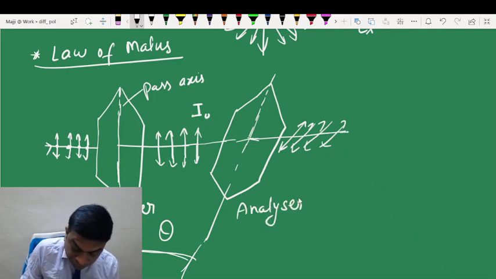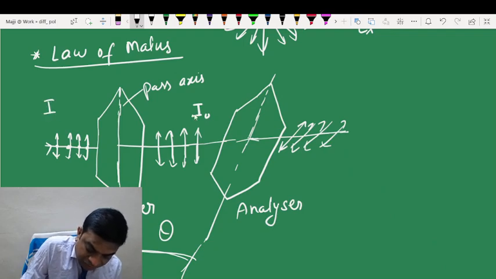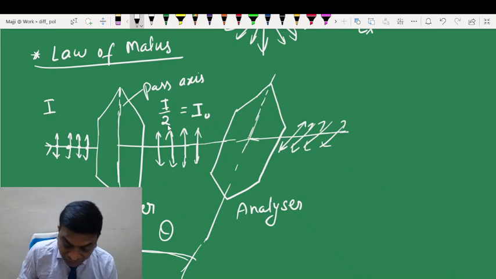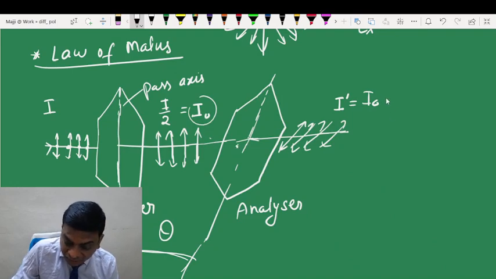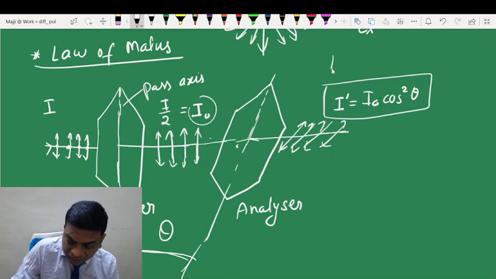If I is the intensity, we know I naught is basically I by 2, that we have already learned. So this final emergent light, I'll call it I dash, will be I naught, that is the intensity of light incident on the analyzer, multiplied by cos square theta. This is the law of Malus.